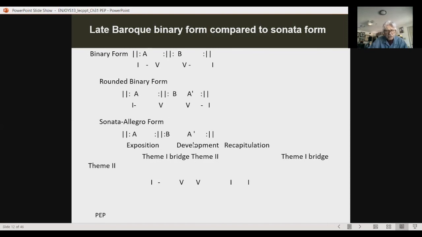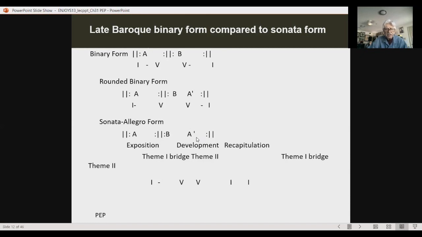And then the B section is the development section, where the composer will use the thematic material from theme 1 and theme 2 and create conflict, and improvises basically with those two melodies. Then he works his way back to the home key, and there's a cadence generally. And then we have the exposition again, but it's not a repeat, it's a recapitulation.